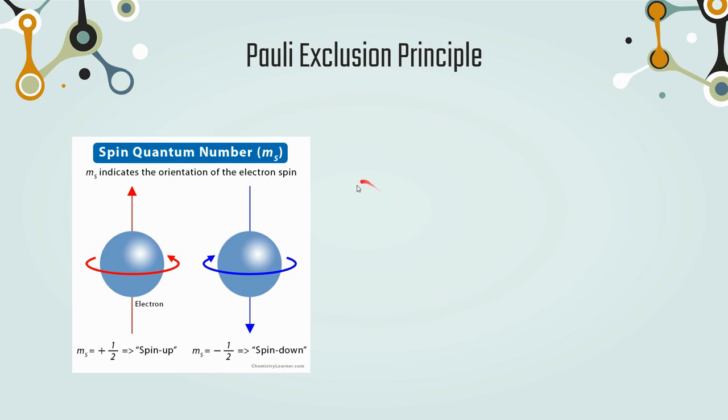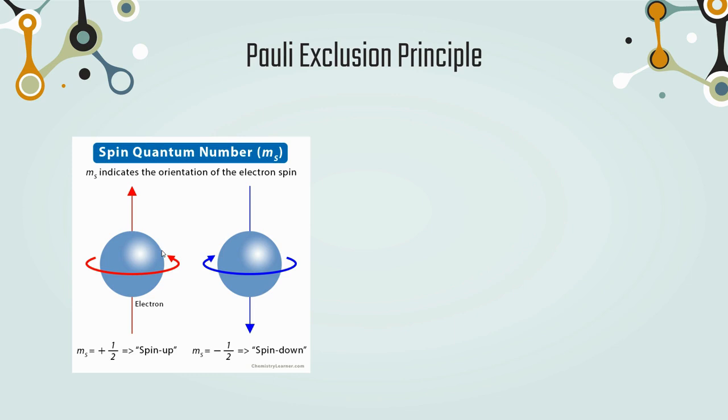Now, real quick sidebar on spins. We would expect if we had 2 electrons, because they're both negative, that they would push away from one another. However, electrons can sort of pair up as long as the partner is spinning in the opposite direction.